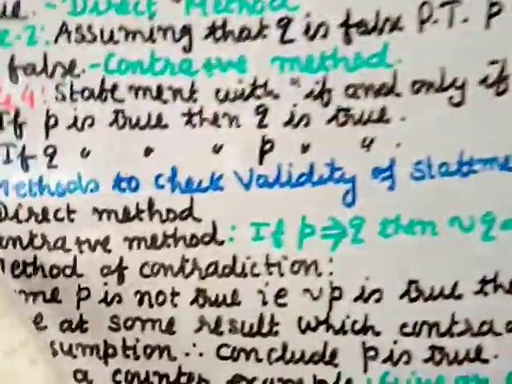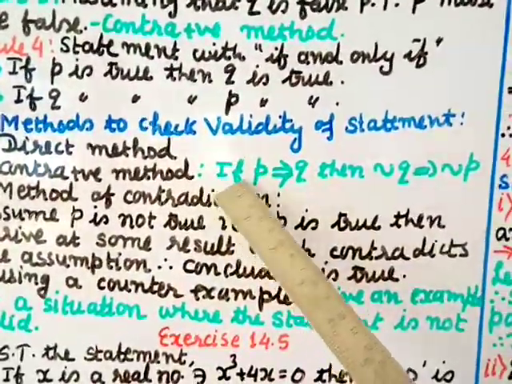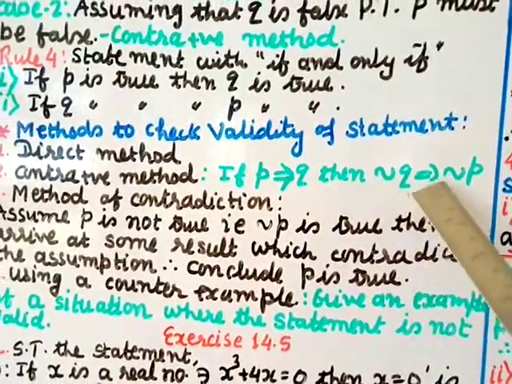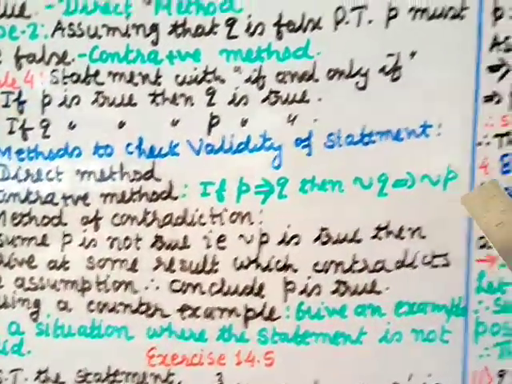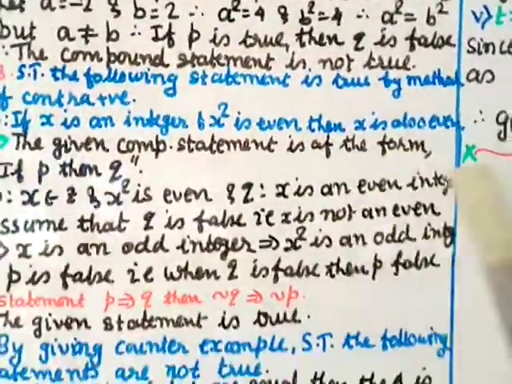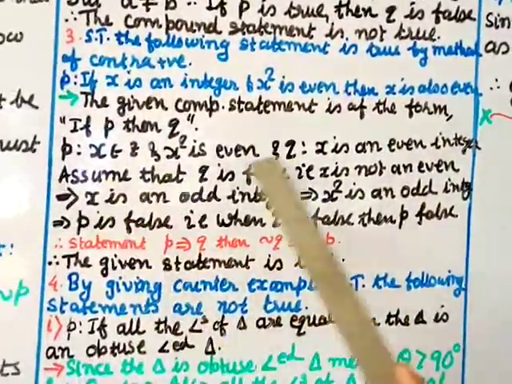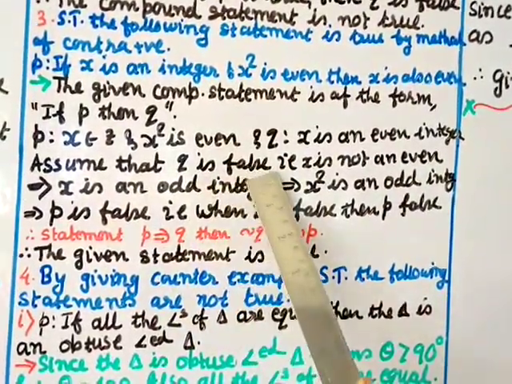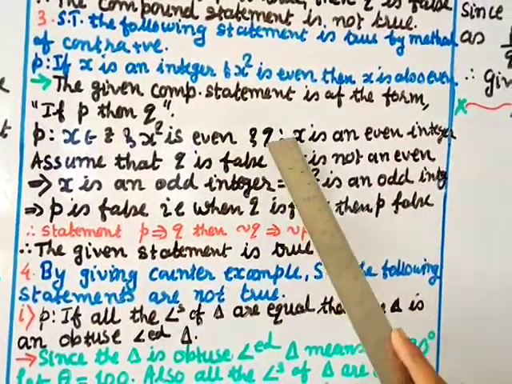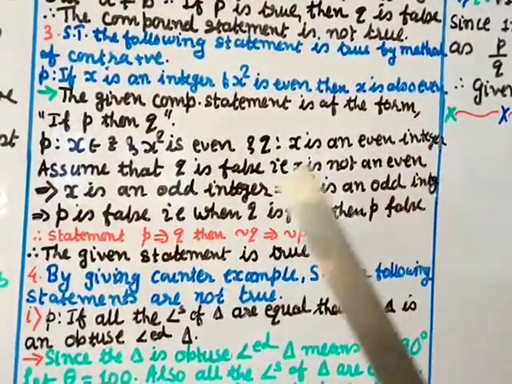Now in the contrapositive method we have seen that if P implies Q, then not Q implies not P. So negation of Q implies negation of P. Let us see the negation of Q first. So we assume that Q is false, that means the negation of this should be true.